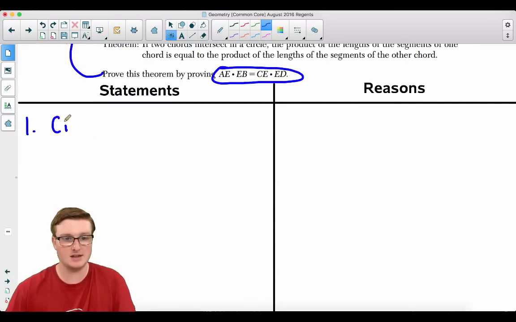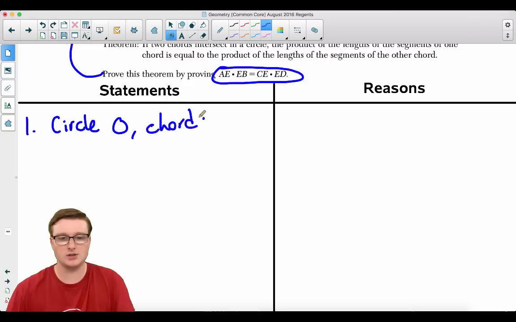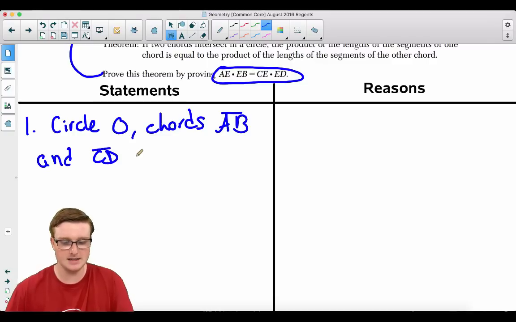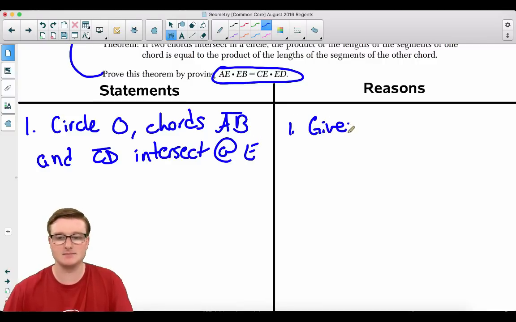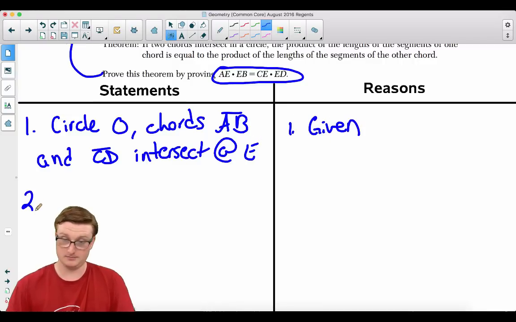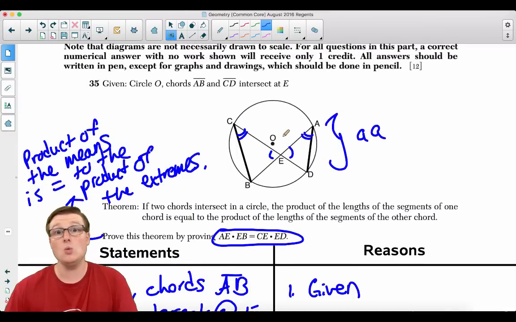Number one, I'm going to say that circle O, chords AB and CD intersect at E. And your reason is given. Now, number two, we now need to state that we just drew similar triangles.